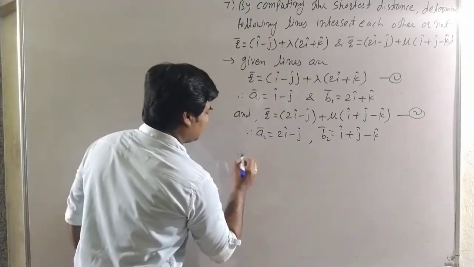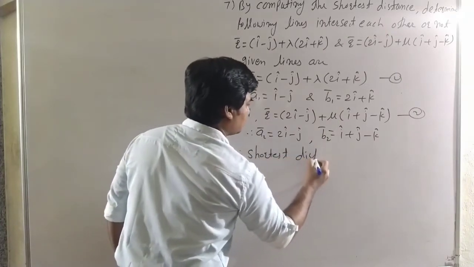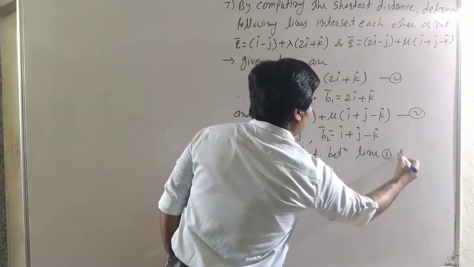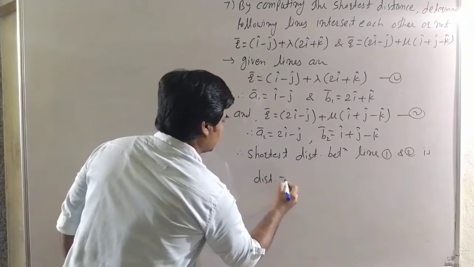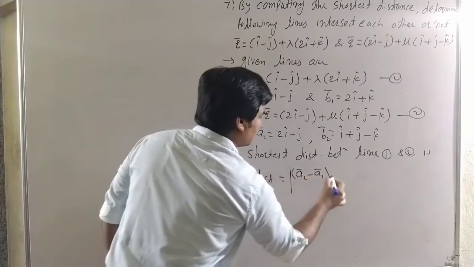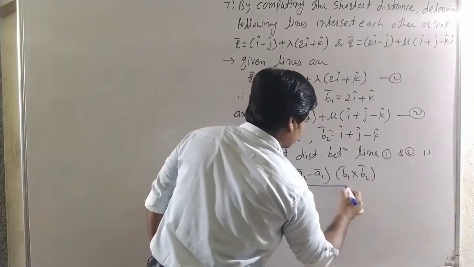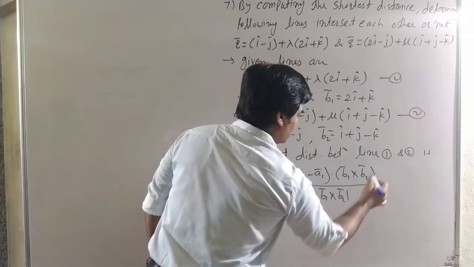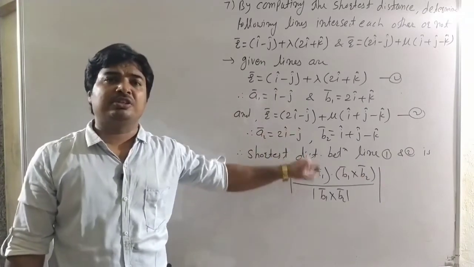Therefore the shortest distance between line 1 and line 2 is given by the formula: a2 bar minus a1 bar dot b1 bar cross b2 bar, upon the magnitude of b1 bar cross b2 bar.